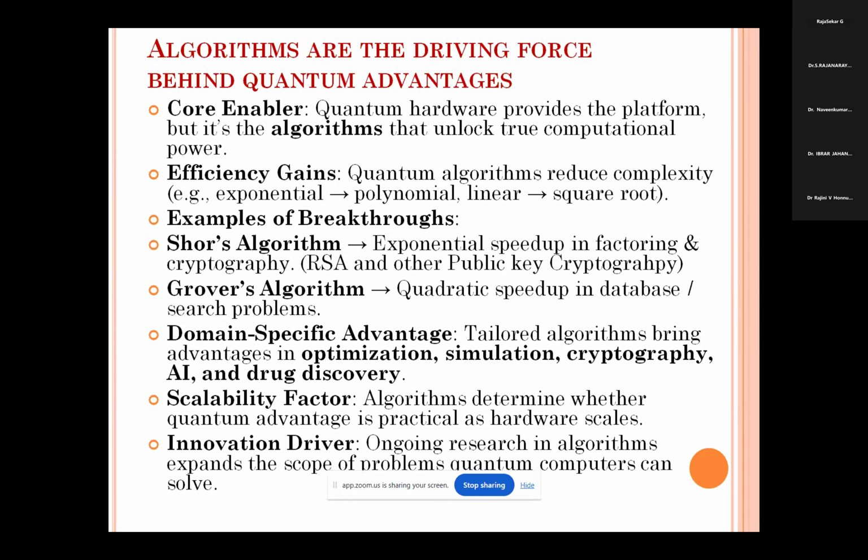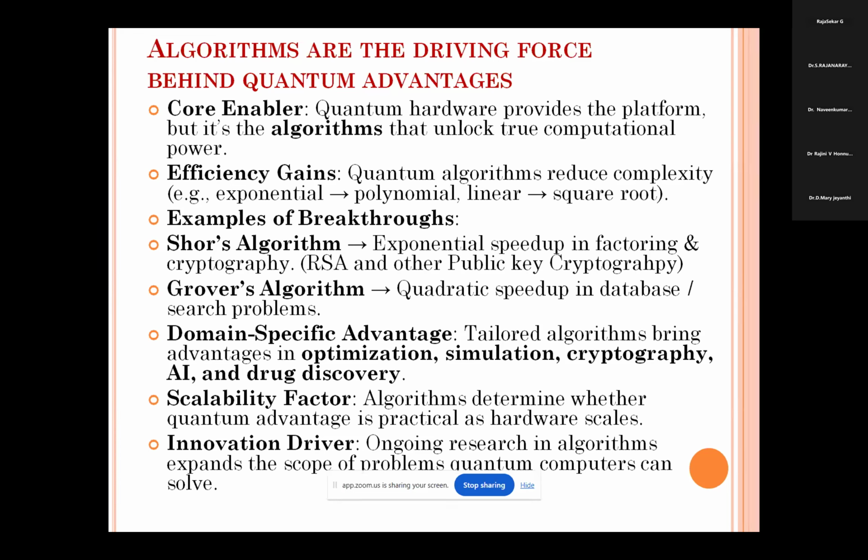Then domain specific advantage: tailored algorithms bring advantages in optimization, simulation, cryptography, AI and drug discovery. All these aspects are served by these algorithms. Then the scalability factor: the quantum advantage in practical form is determined as hardware scales, improving quantum operations as well as application solutions.